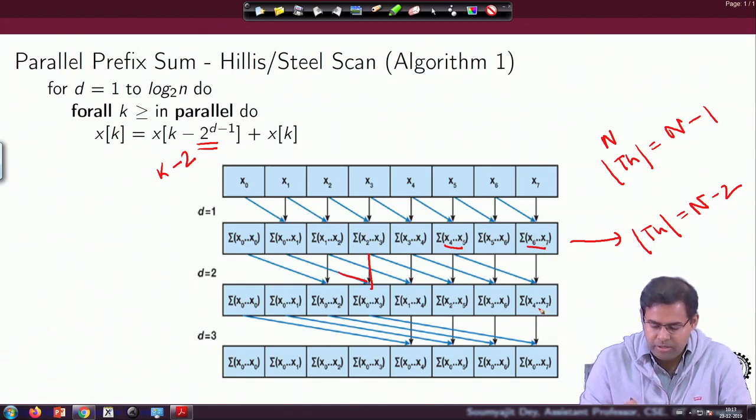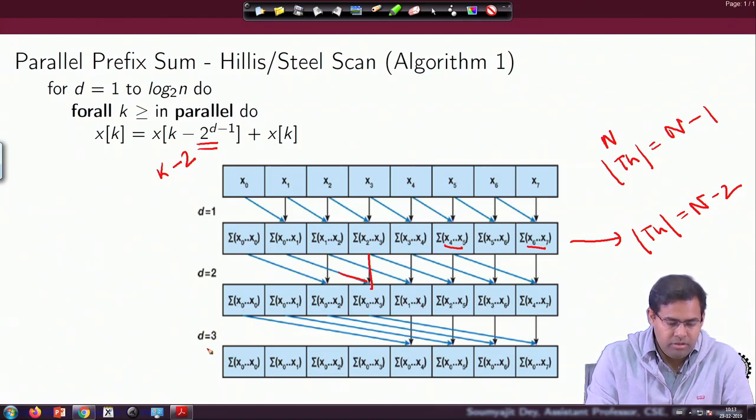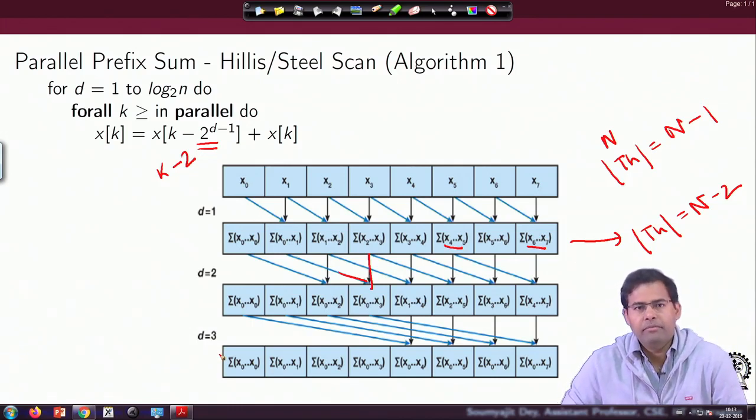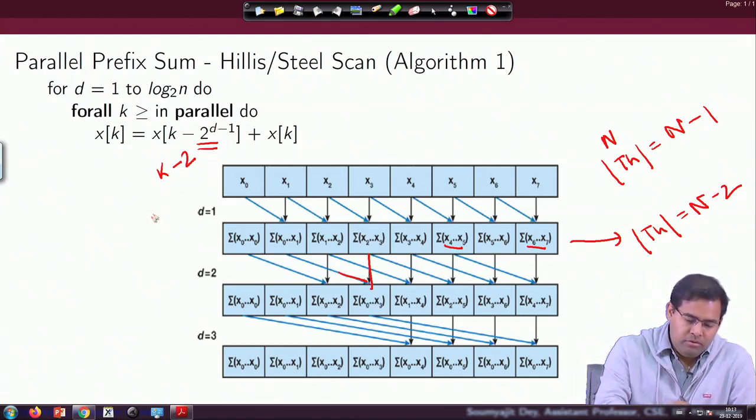Now, if we go to the next stage, which is d equal to 3, that should be the last stage here because your n is 8 and log n base 2 gives you d equal to 3. Now, what is my stride value?